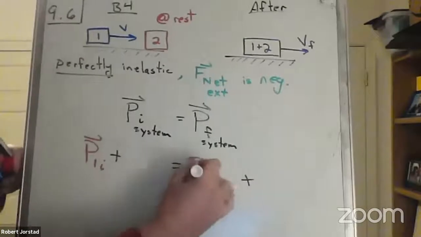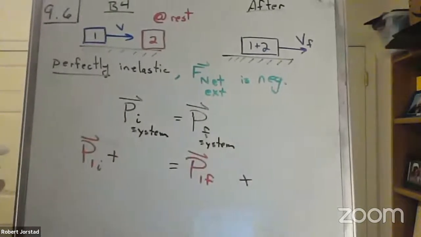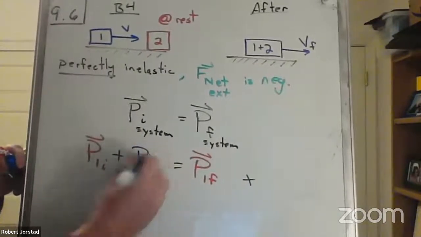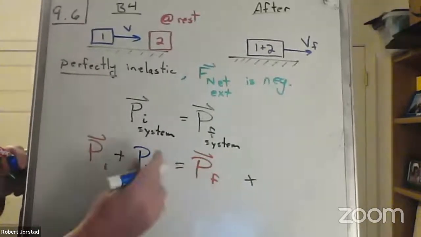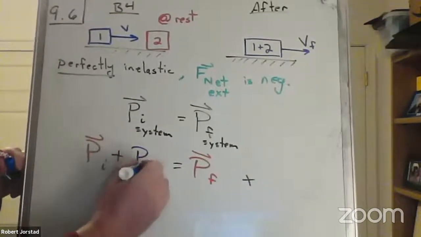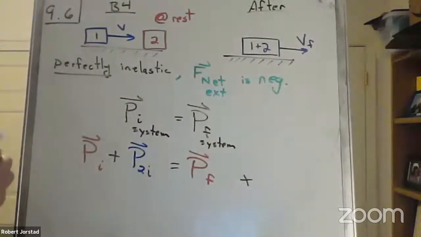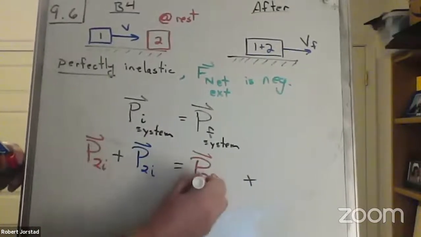I'll just write the two reds. Oh, shoot. I messed up the color codes. Well, I could fix that. The order of the subscripts doesn't matter. Whoops, that was supposed to be 2. I'll fix it.